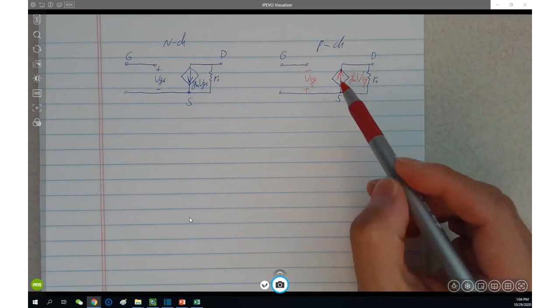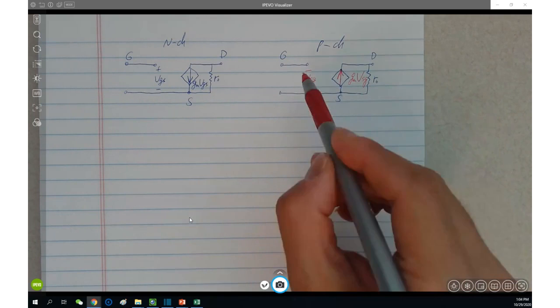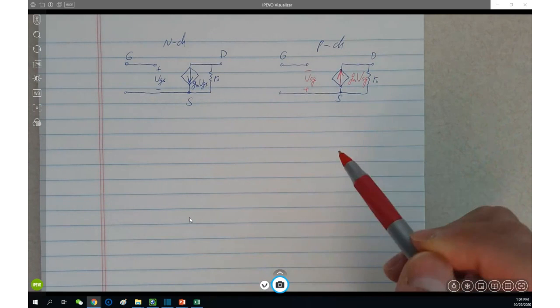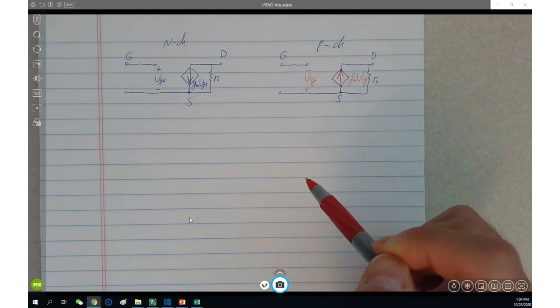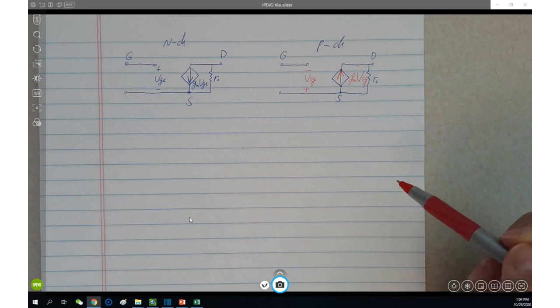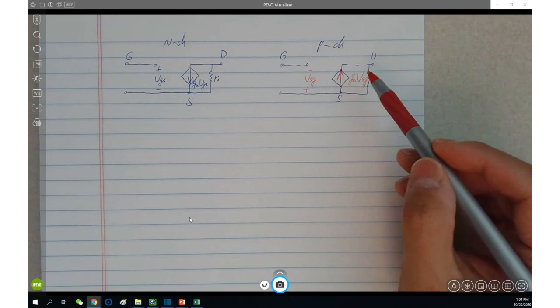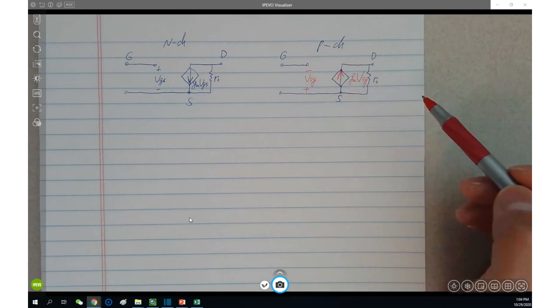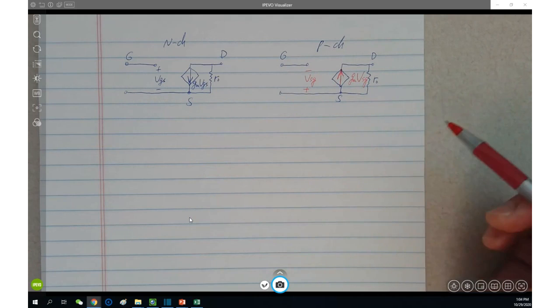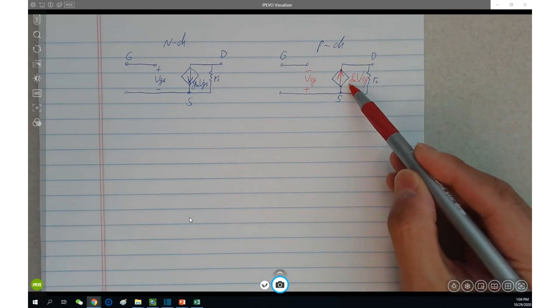The VGS is not VGS; we are talking about VSG. The same thing happened in DC analysis too. Also the current of the dependent current source is reversed. It's from source towards drain, the same as in the DC analysis. And the current value is gm times VSG.